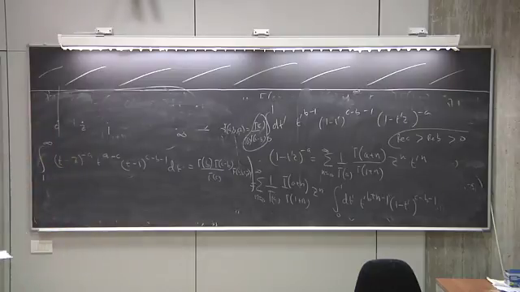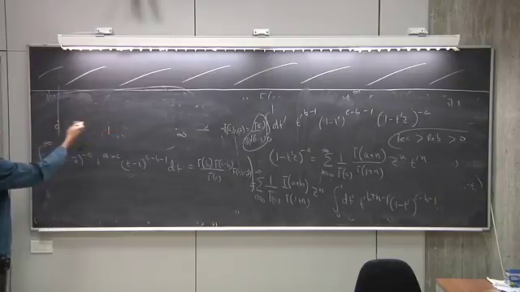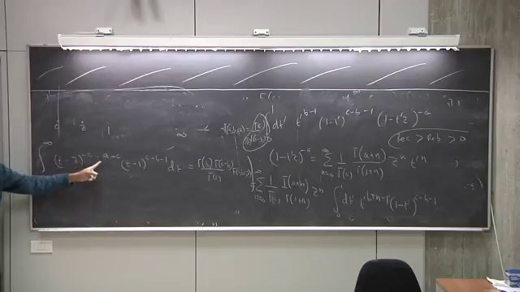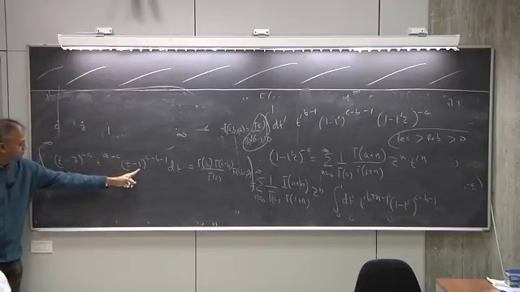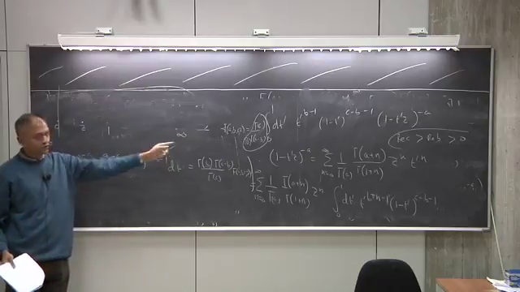So this contour was between here and here, right? But we have 4 singular points. As a function of t, the singularities are at t equal to 0, t equal to 1, t equal to z, and t equal to infinity, 4 points.